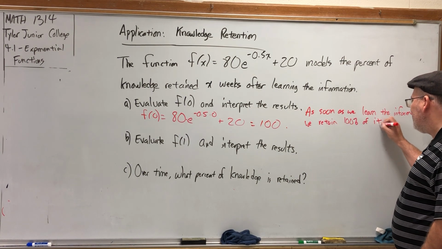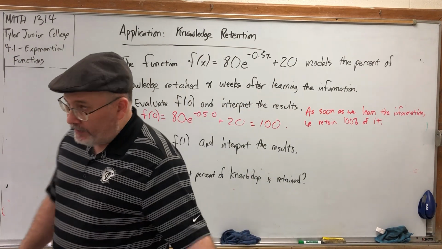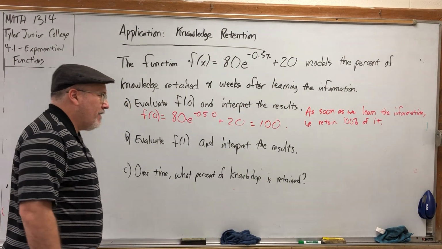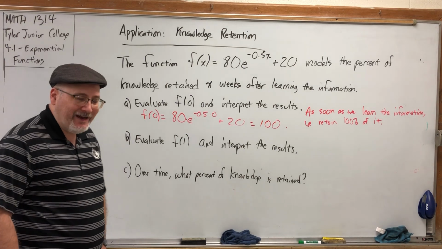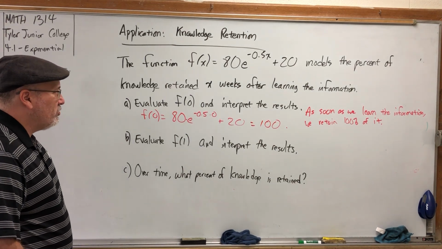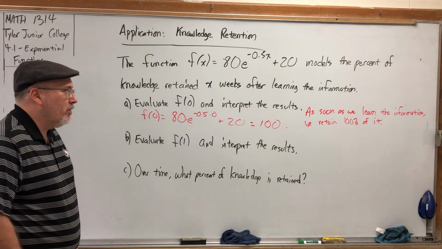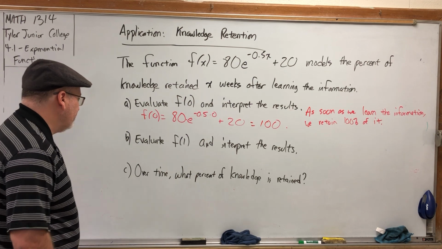Now that's according to this model. I'm not saying that if you read something and close a book, you'll instantly remember 100% of what you read. If you have a photographic or an eidetic memory, then good for you, but most of us don't. But the interpretation would be, as soon as we learn the information, because 0 weeks have elapsed, 0 time if you will, we retain 100% of it.